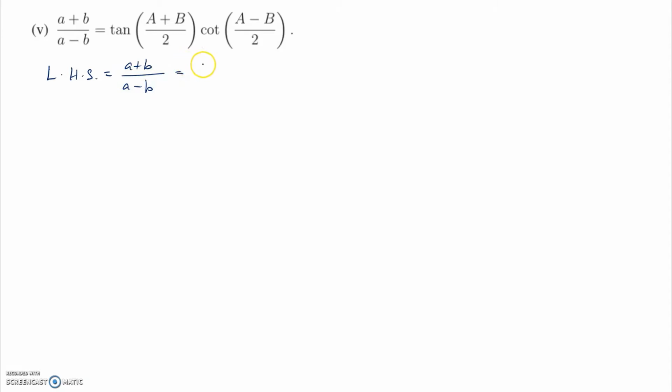Now let's apply using the sine rule. Replace a with 2r sine a and b with 2r sine b divided by 2r sine A minus 2r sine B.